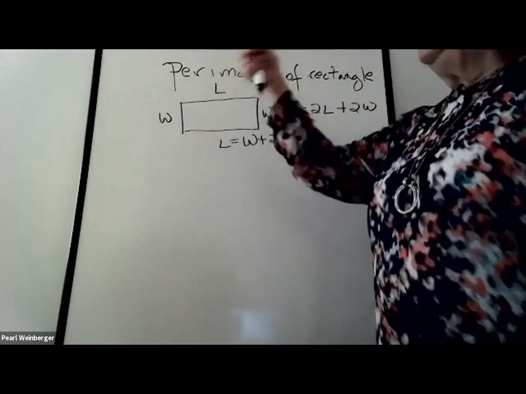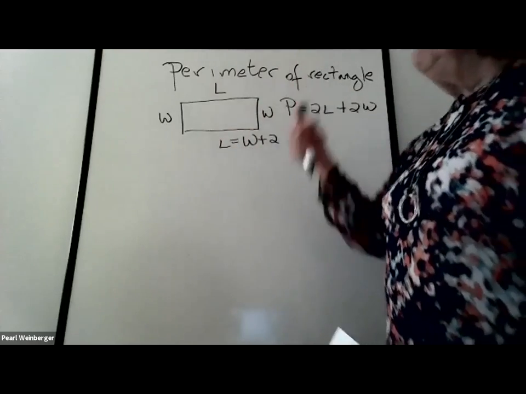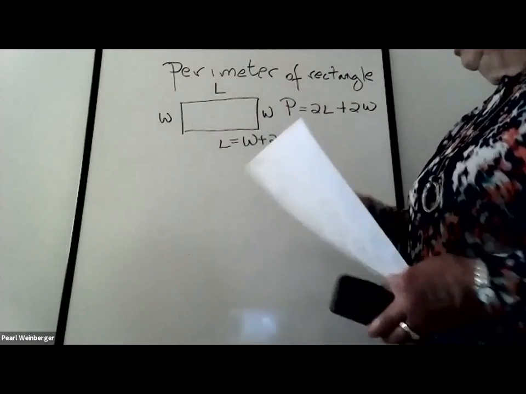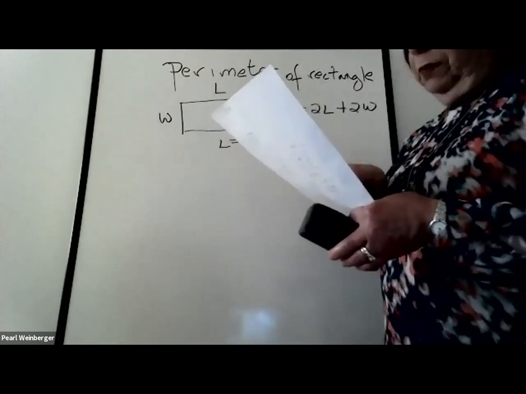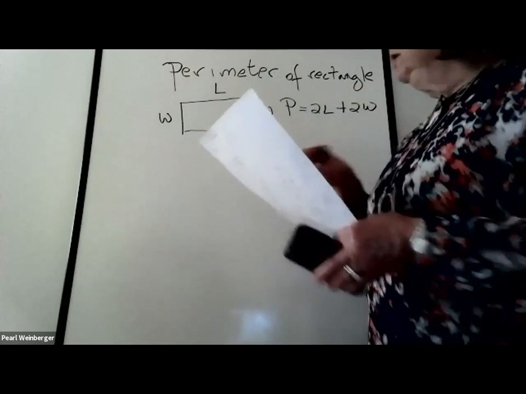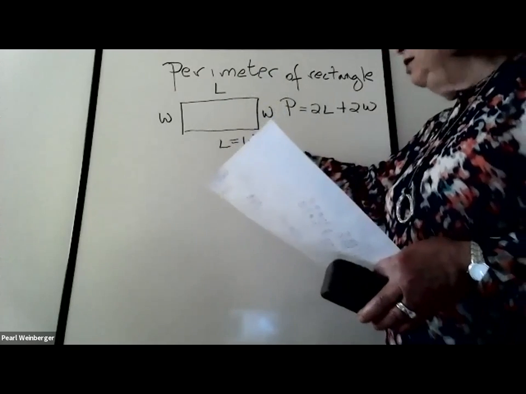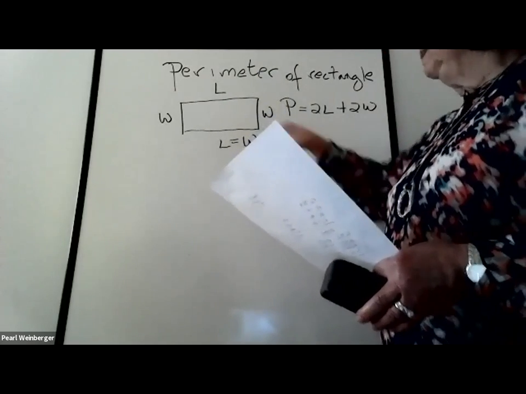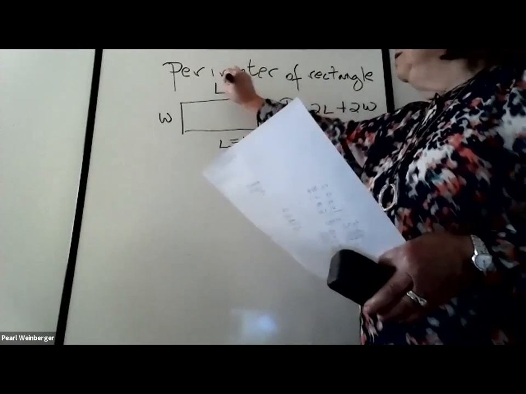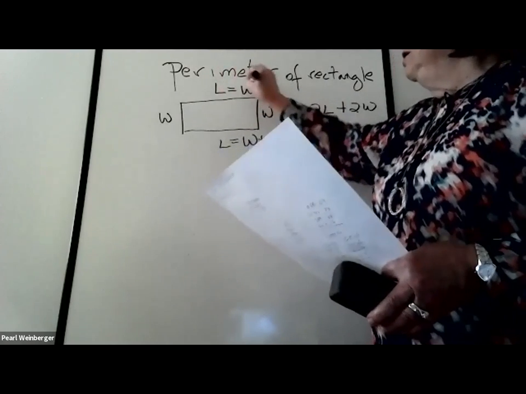So that would have had to be W minus 2. But in this case, they told me that the length is 2 more than the width. So the L is W plus 2. That means this is also W plus 2 because this is equal to the length.